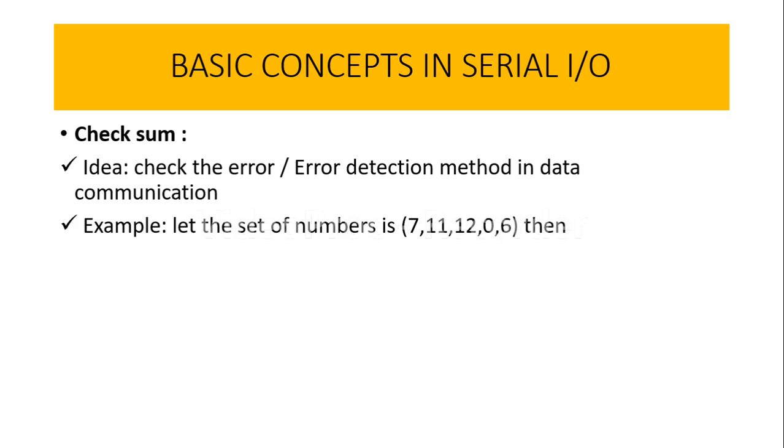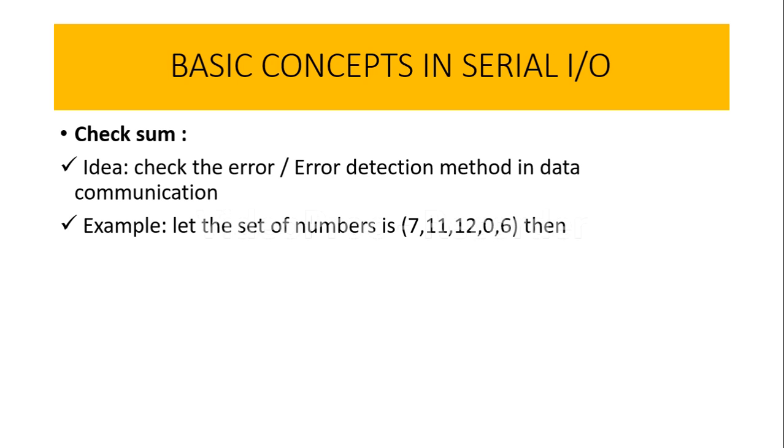Please remember that here we are going to transmit our data in the form of a data set, wherein I have certain numbers like 7, 11, 12, 0 and 6, and I want to transfer this to the receiver.